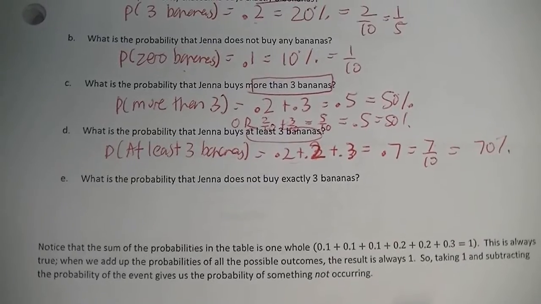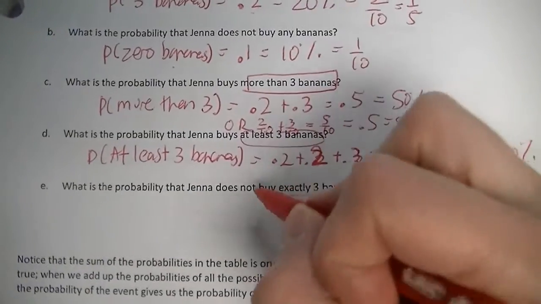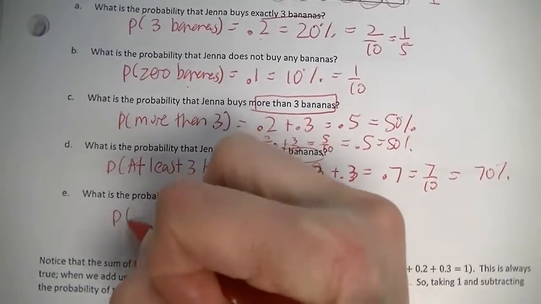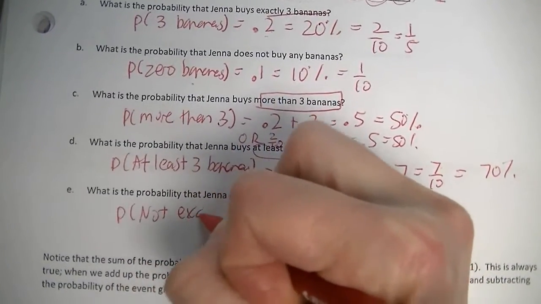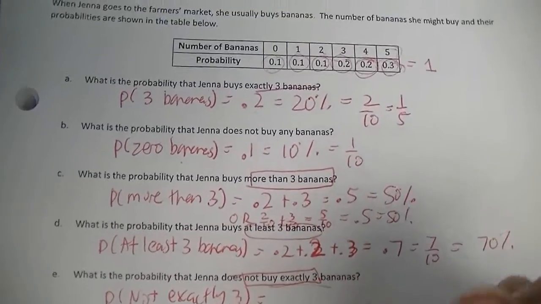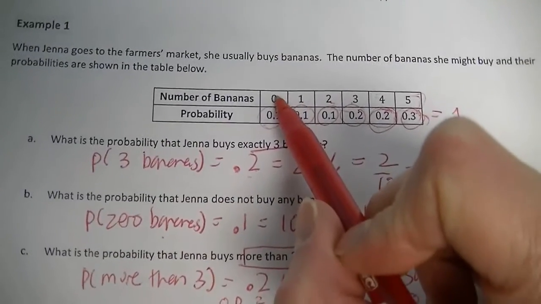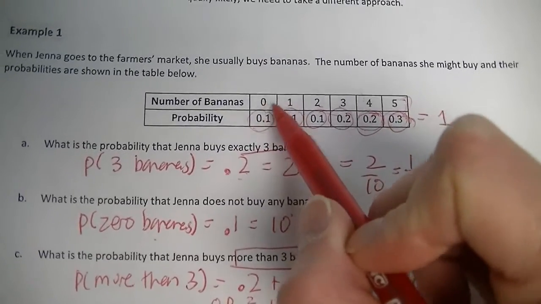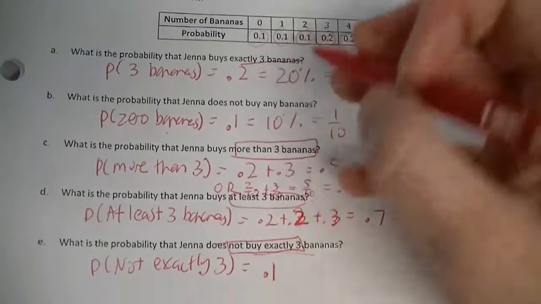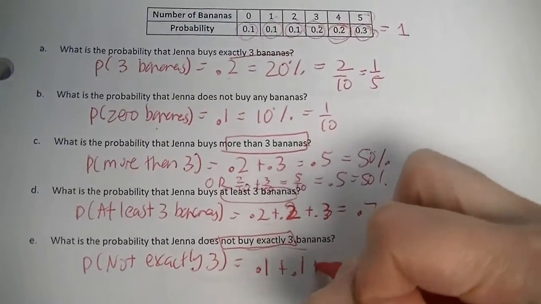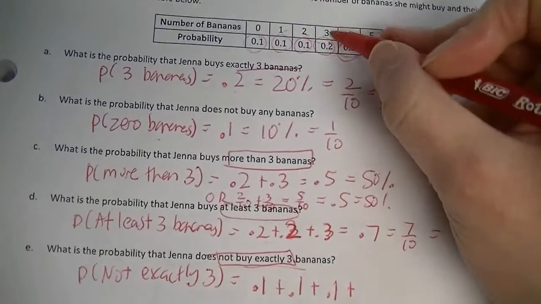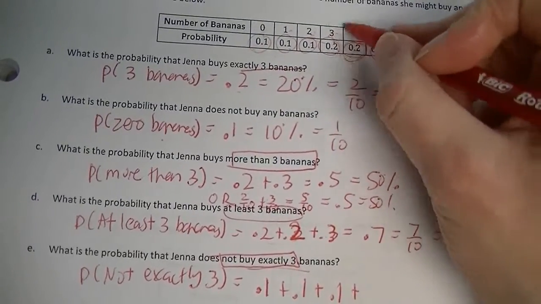Okay, what's the probability that Jenna does not buy exactly 3 bananas? I'm going to talk to my paper again. Are you not exactly 3? Yeah, so I'm going to include you. Yep, include you. Yep, include you. Oh, you are exactly 3, I don't want you.